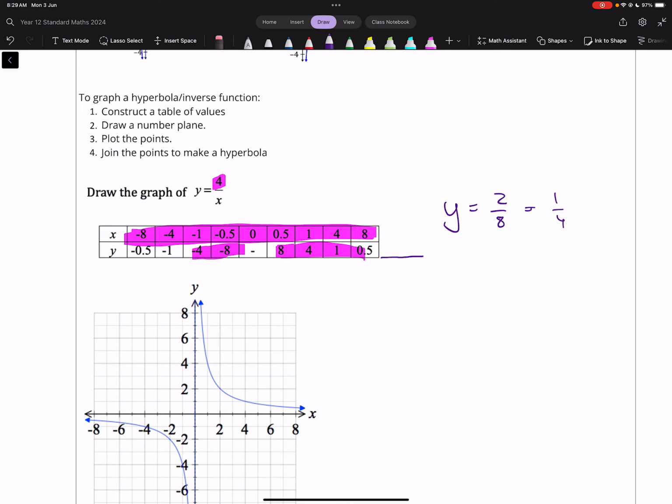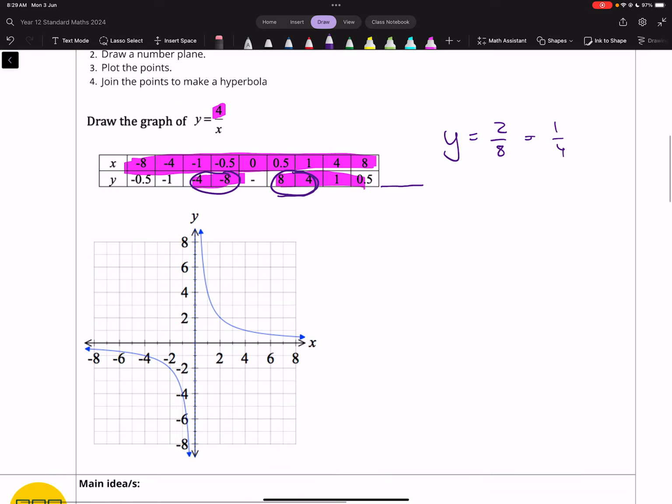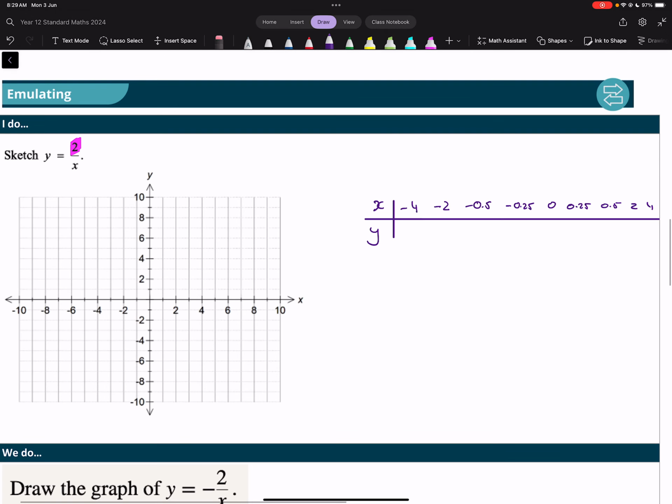And if I put in a half and a quarter, I will start to get some of these bigger numbers that will make it easier for me to plot. If I only stopped at a half, I would end up with not a lot of points that I can graph. You'll see what I mean as we put these in.